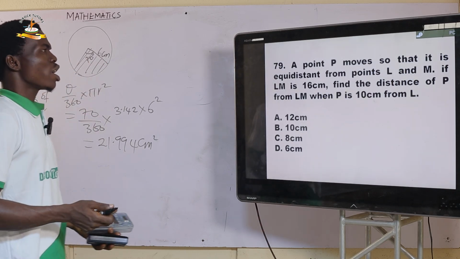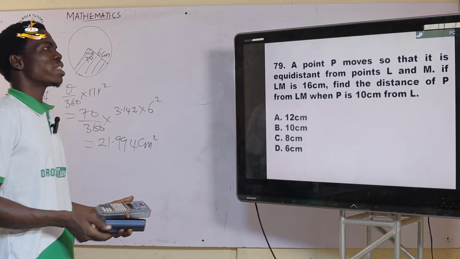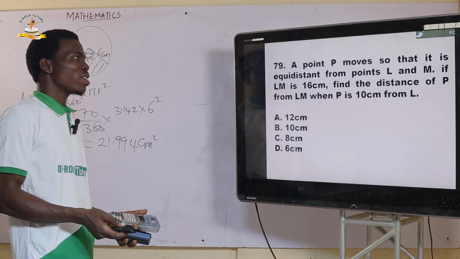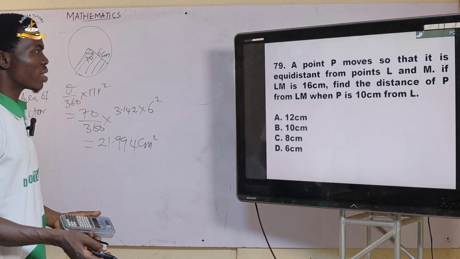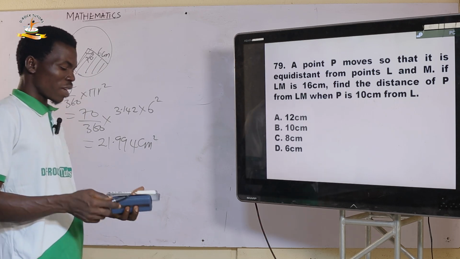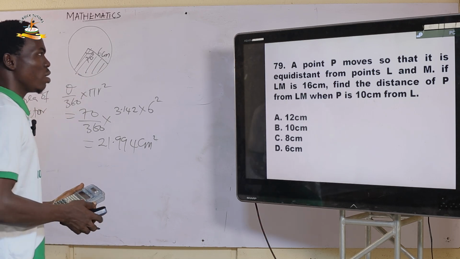question 79. A point P moves so that it is equidistant from point L and M. If LM is 16 centimeters, find the distance of P from LM when P is 10 centimeters from L. So let's quickly look at it.